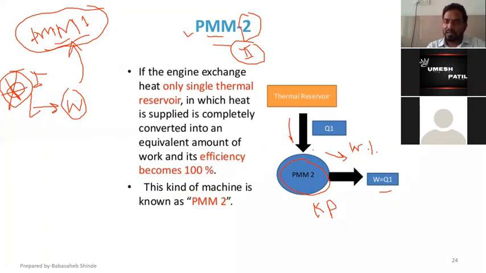That is the Kelvin-Planck statement. If such a device exists, it is called PMM2. And the one that violates the first law, that produces work without consumption of any energy, is called PMM1.